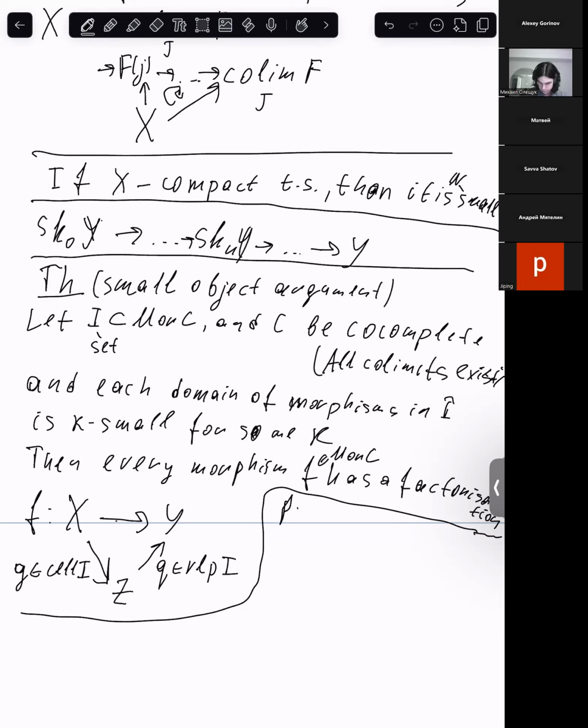Proof. Call S1 the set of all lifting problems between F and morphisms from I, as a set of commutative diagrams of this type.